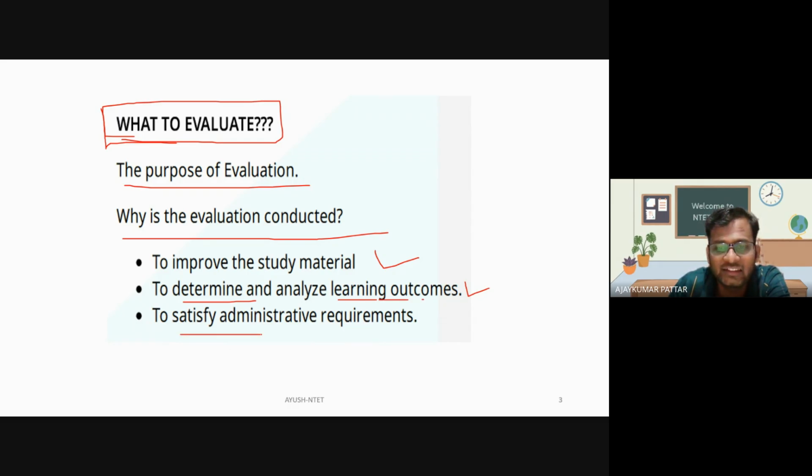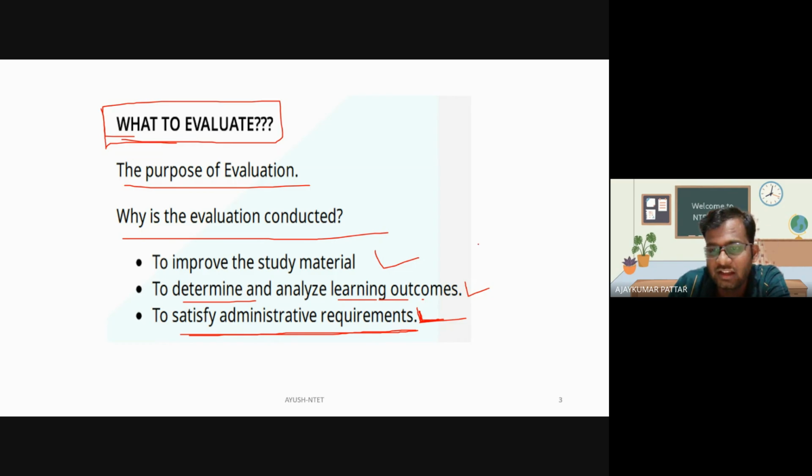To satisfy the administrative requirements means, for example, after the evaluation, the entire result of that college, that institution, that university, they will use the evaluation results for administrative requirements.